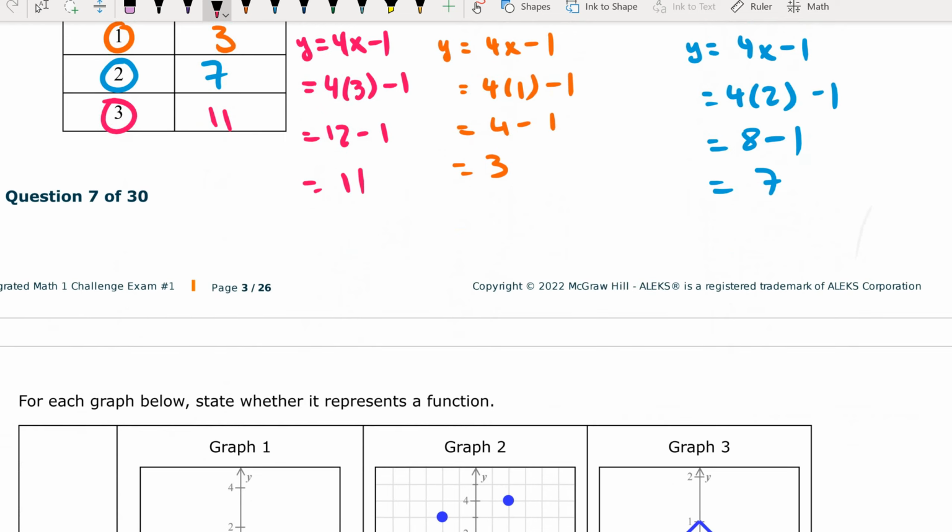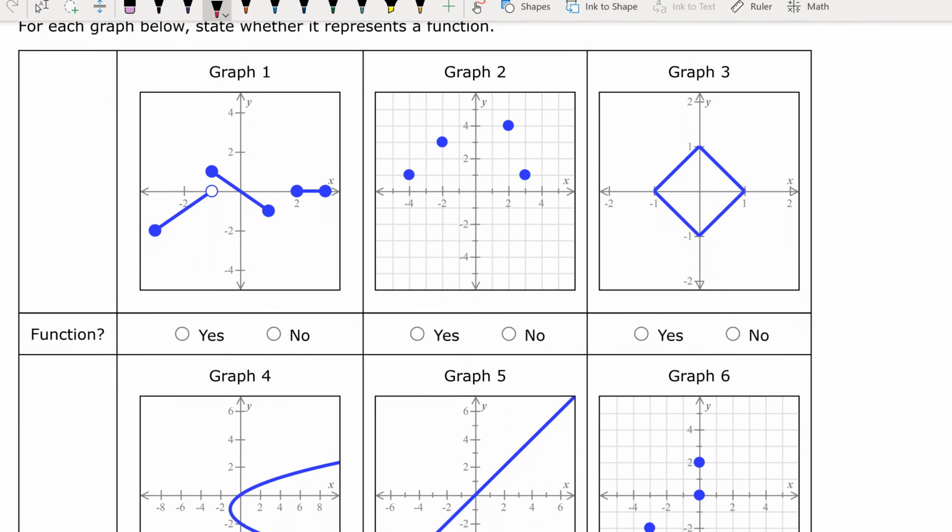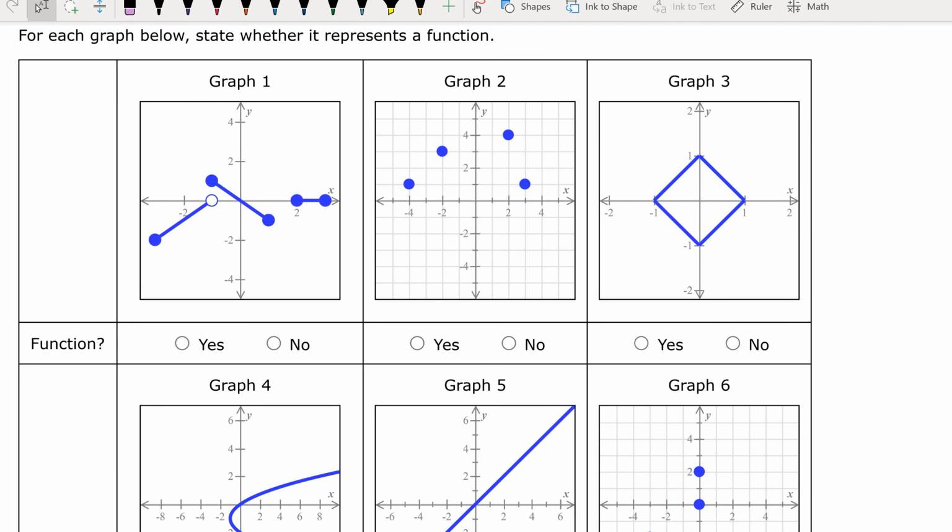Alright, number 7. For each graph below, state whether it represents a function. So you can use the vertical line test, which means you draw a vertical line. If it crosses your graph at more than one point, it's not a function.